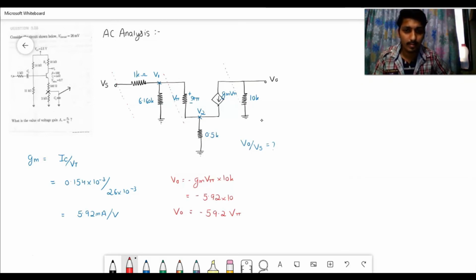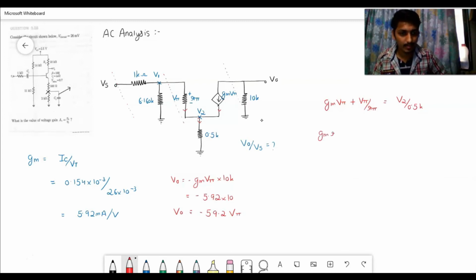Okay, sure. Then we will go with this part, the v1 and v2 equation, as we have to find v pi and ultimately transfer it in vs. So for this I am taking node analysis here. gm v pi incoming plus v pi by r pi, and outgoing is nothing but v2 by 0.5 k.